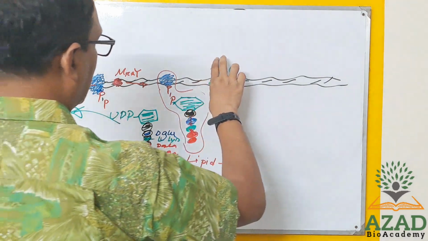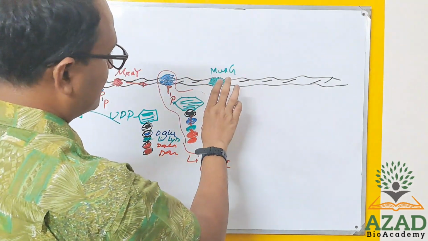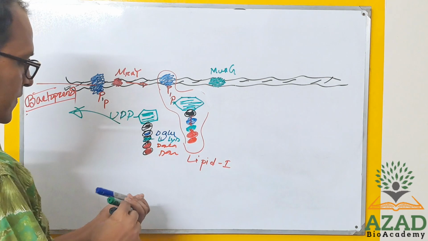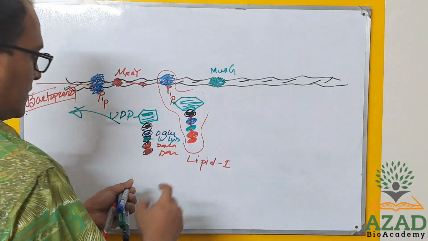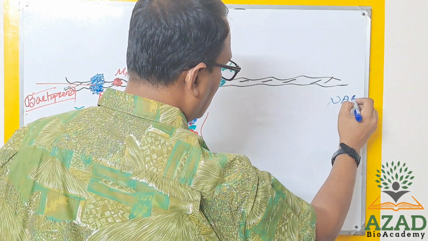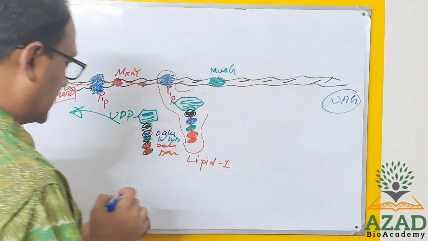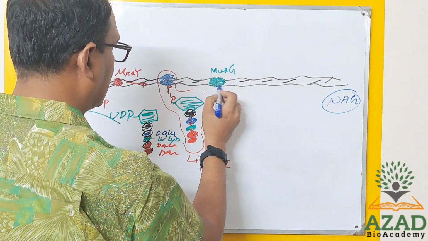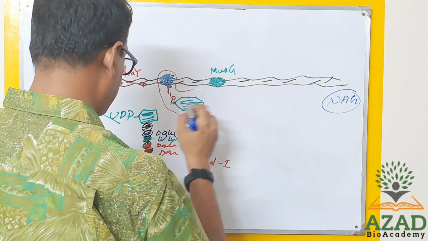Okay, the function of that enzyme is to add another sugar. If you recall, that was N-acetyl glucosamine. So that N-acetyl glucosamine will be added here with the help of that enzyme.